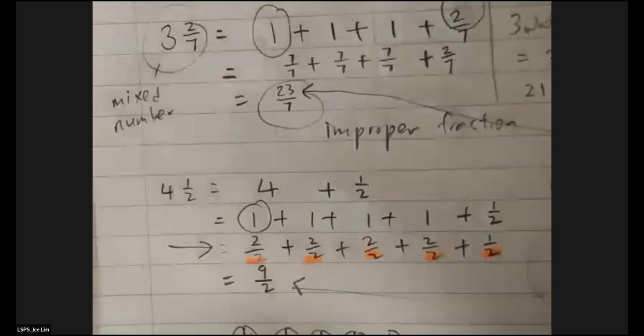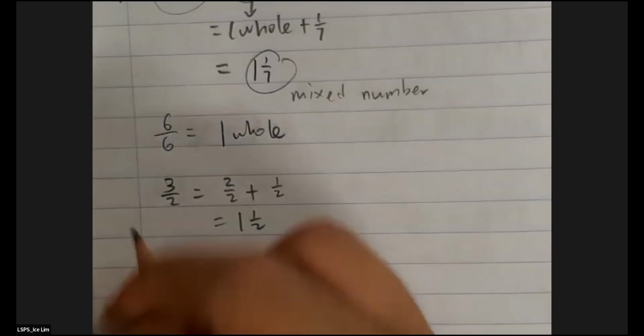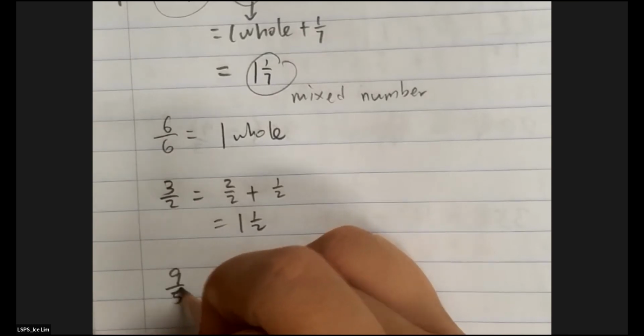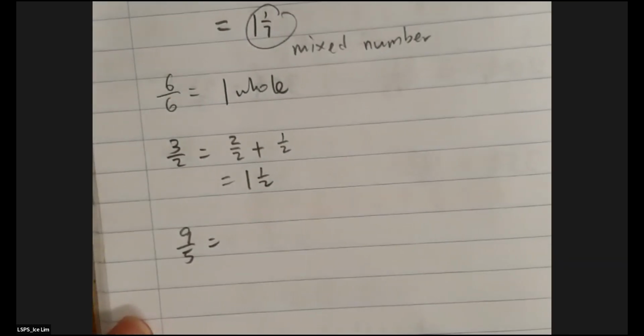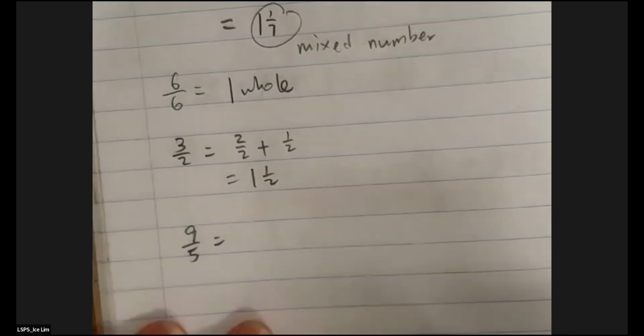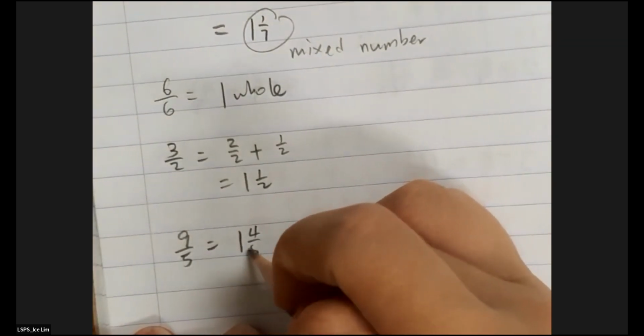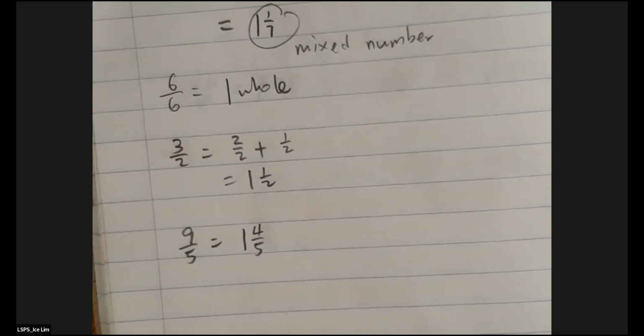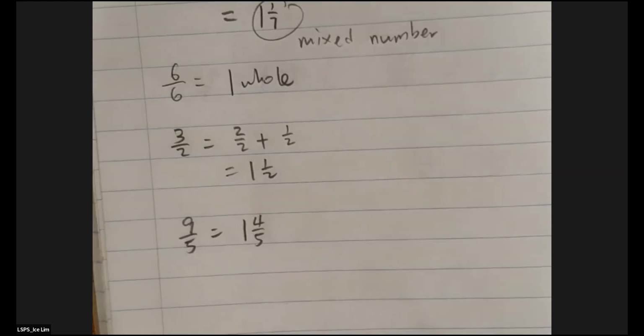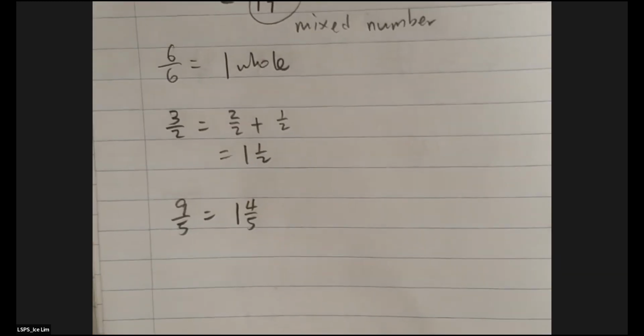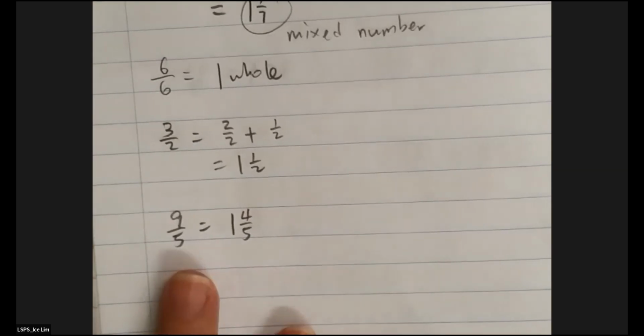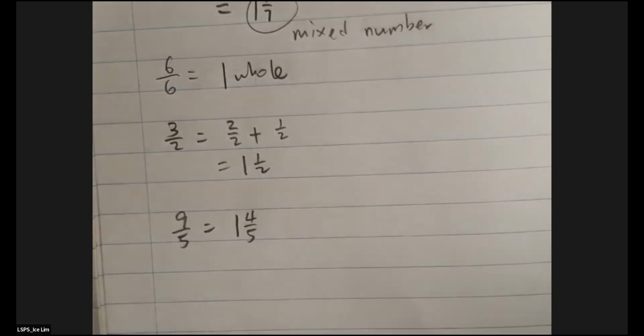Okay, next one. Very fast now. 9/5. One whole and 4/5. You sure? Are you sure? Are you sure so fast? I better check. Looking at the fifths.